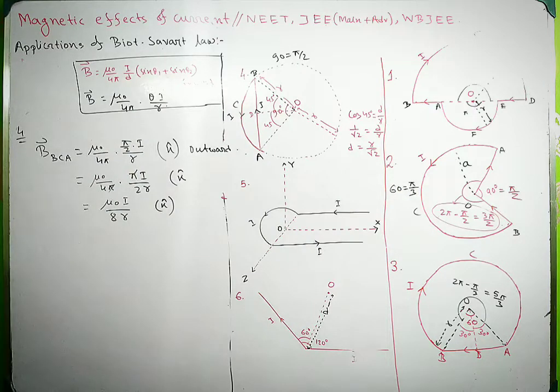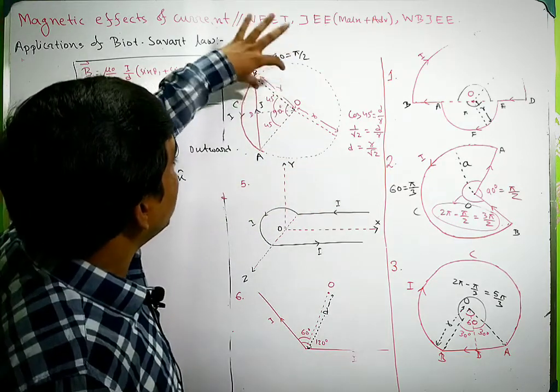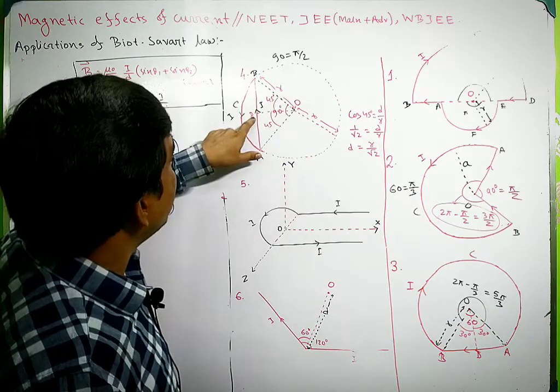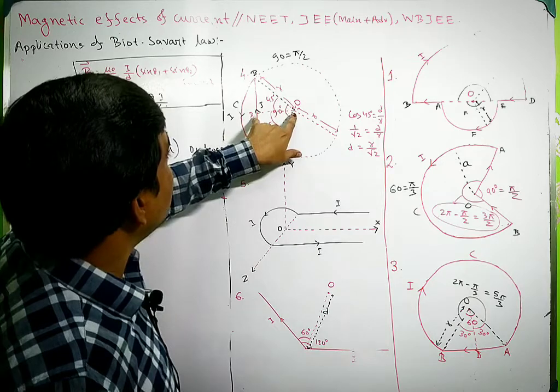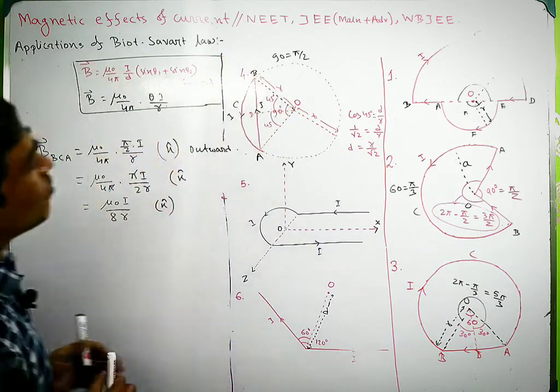That's why, using this triangle OBD, cos 45 degree is given by D divided by R.